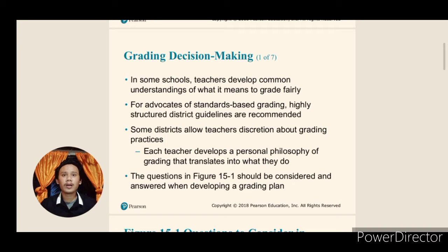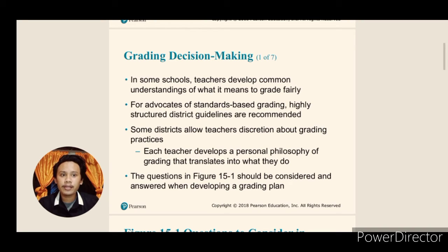These are the things that we should do, because these are the basis for how we give grades to our students. Next, for advocates of standards-based grading, highly structured district guidance is recommended. Of course, in grading there are also guidelines to follow so that we could fairly give students the grades that they deserve.